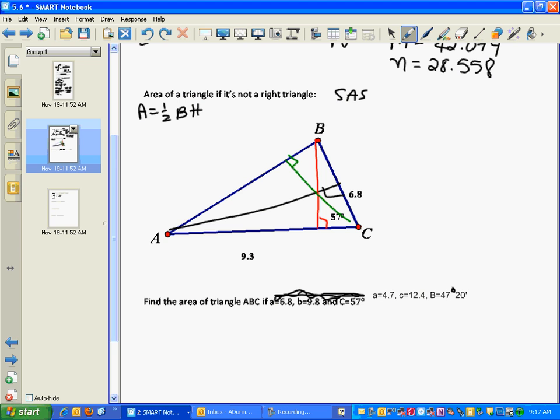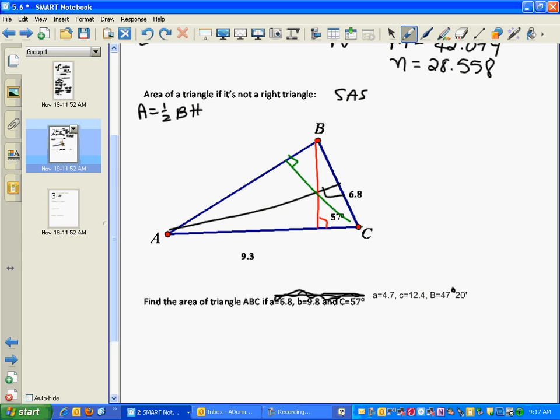What you want to do, though, is you want to pick a height that is going to create a small triangle that includes the angle that's given to you. So I could use from A to this side, to 6.8, because it's going to include 57 degrees, right?